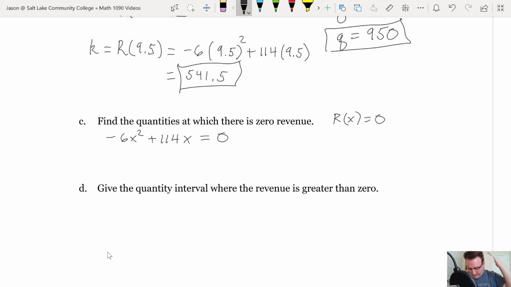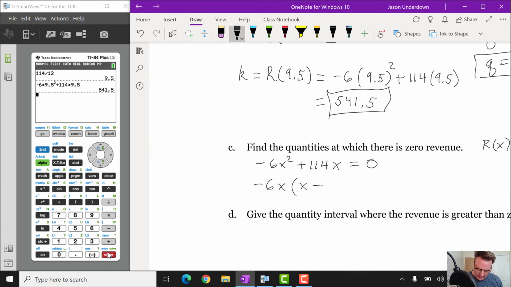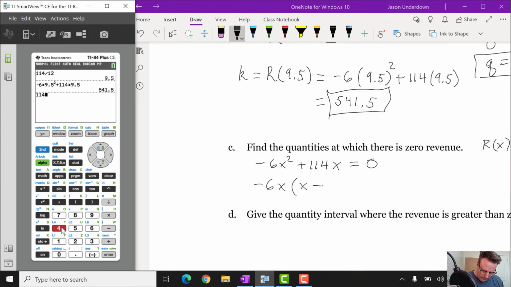I can factor this. So let's factor. When factoring, we typically will factor as much out as we can from the quadratic term. And I'll be left with x minus, let's see, 114 divided by negative 6 is going to be negative 19.